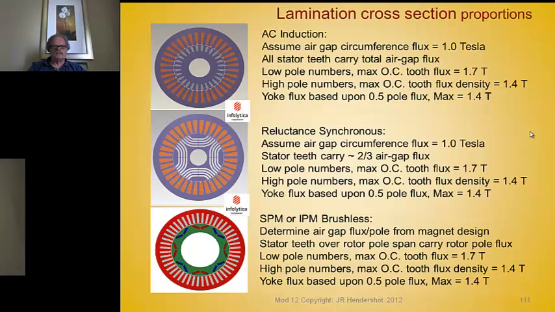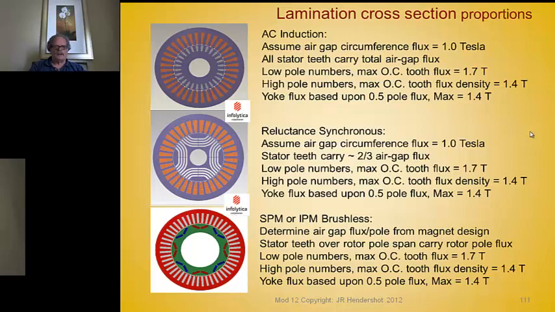And all the stator teeth, because they're connected to the air gap, have to carry that total flux. If you have 4 poles, each pole is represented by so many teeth, so all those teeth have to carry the flux.